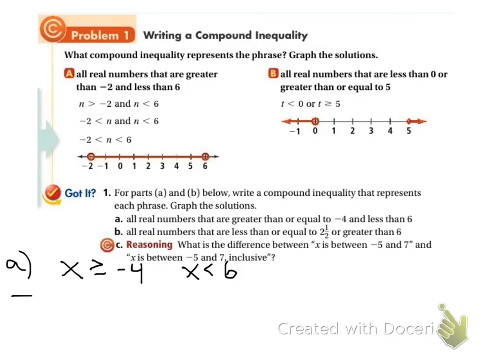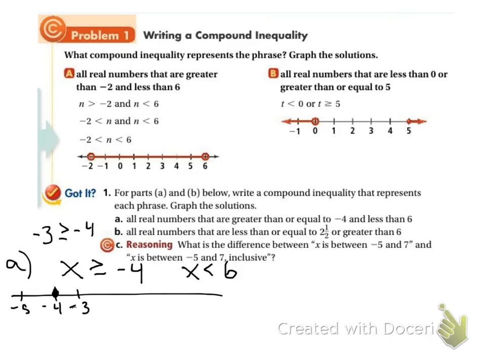So if I first just graph my x is greater than or equal to -4, at -4, I'm going to have a closed circle. I'm going to try plugging in -3. -3 is greater than or equal to -4. I would rather owe someone $3 than owe them $4.